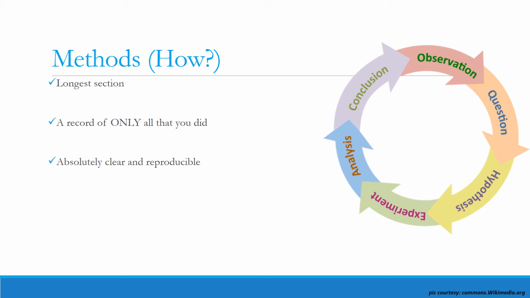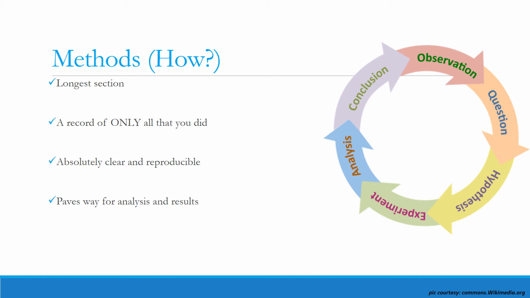One should be absolutely clear, and the methods should be such that they are reproducible. That is, they can be replicated by anyone else who performs it step by step. See, if your methods are new, provide all details to repeat the study. If you are using an old method, give the name and cite its reference. One can use an algorithm or flowchart to show the methodology if required.